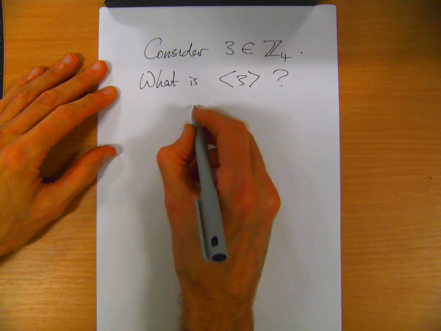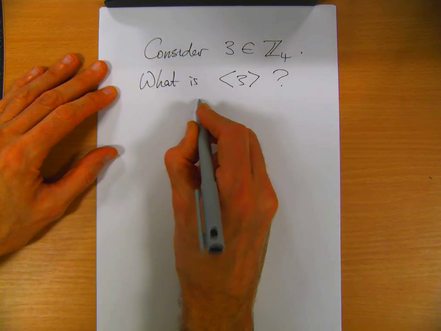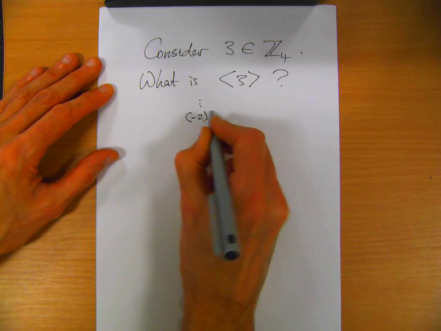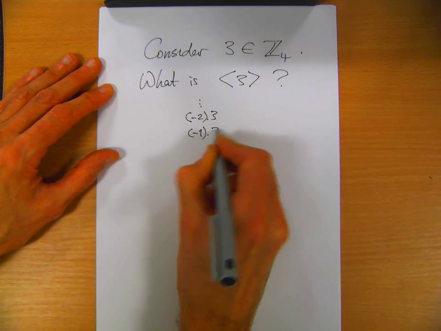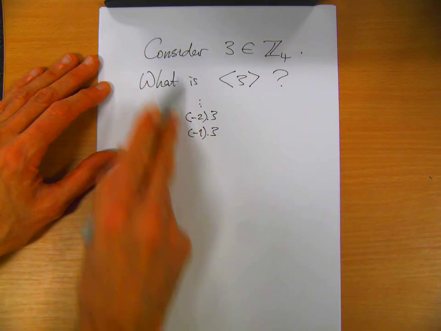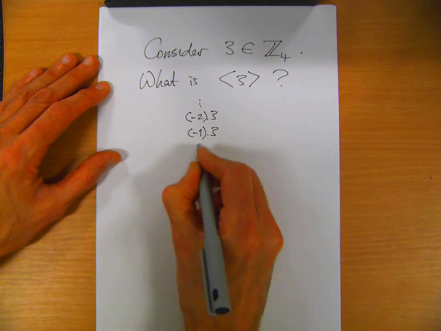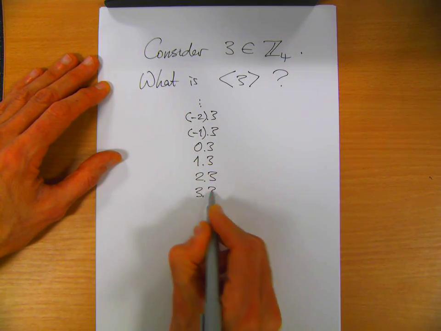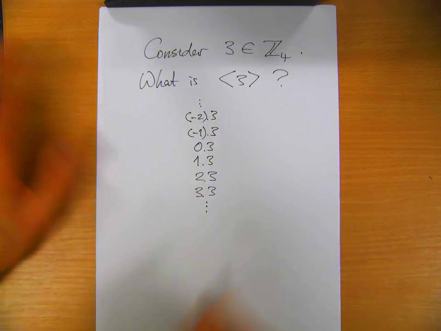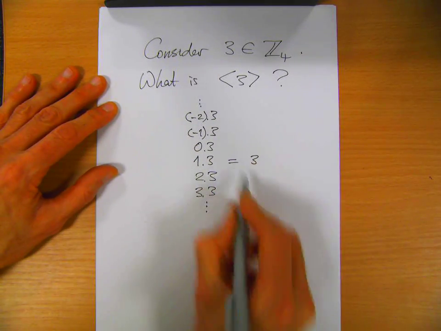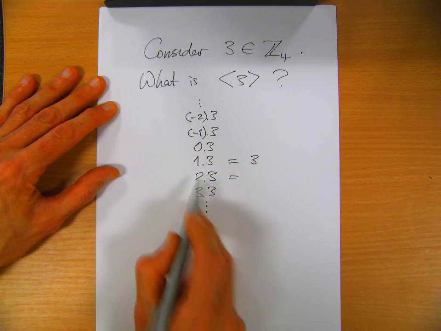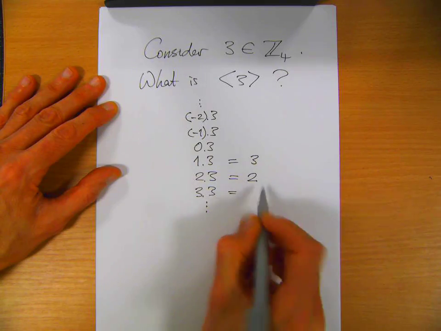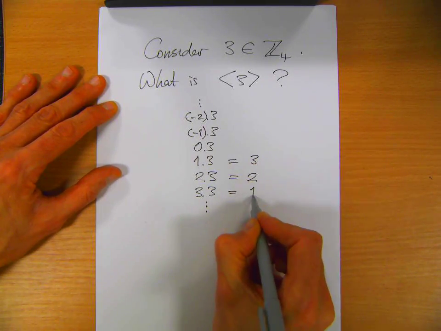So again, if we wanted to look at all the powers, we'd look at minus 2 times 3, minus 1 times 3, of course going off with all the negative powers, then 0 times 3, 1 times 3, 2 times 3, 3 times 3, and so on. We can compute all these. So of course we start with 3, and then if we're going in this direction, we do 3 plus 3, which is 2, and then we do 3 added to that, which is 1, and so on.